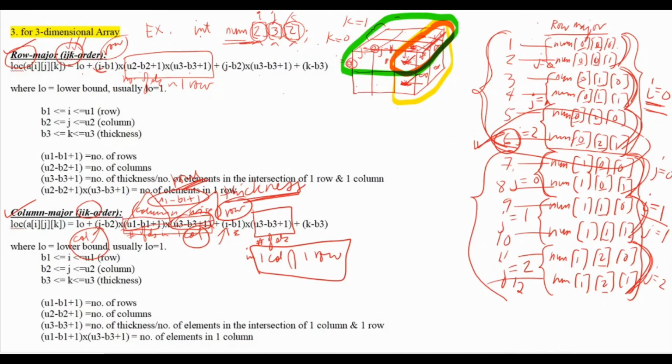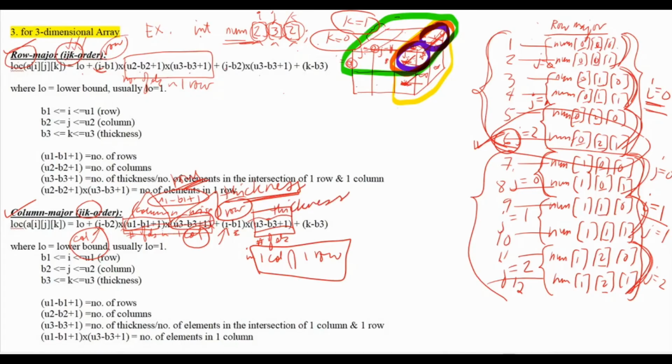There are two. This and this. There are two elements. And this two is simply the number of thickness. The number of elements in the intersection of one column and one row is given by the expression U3 minus B3 plus 1, which is simply the number of thickness.